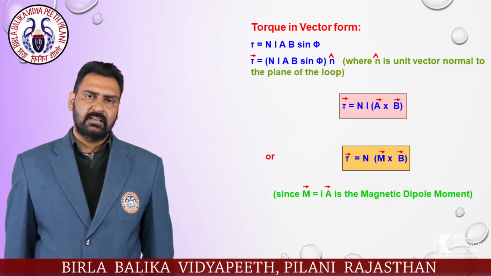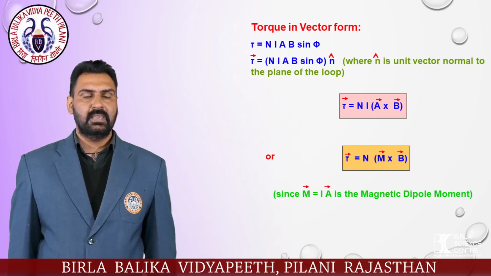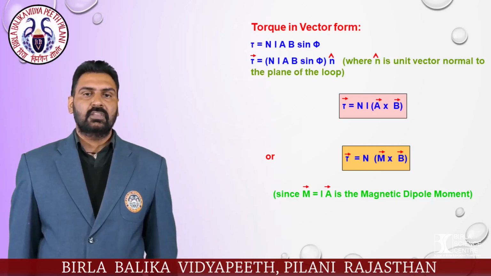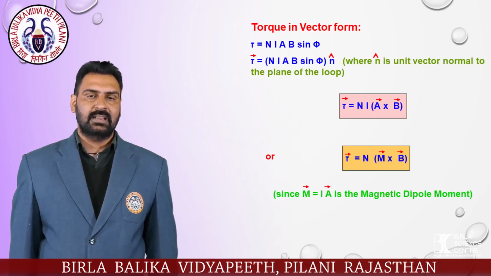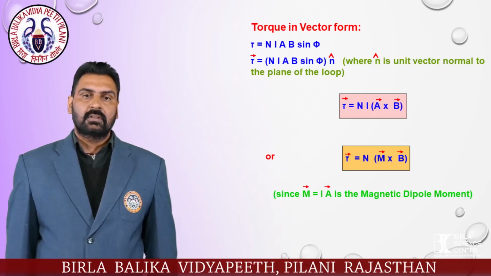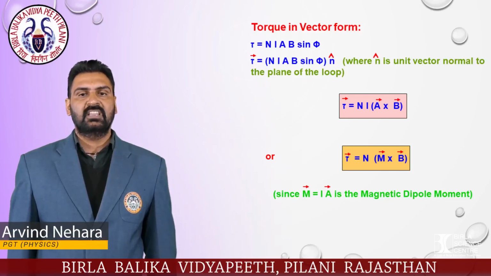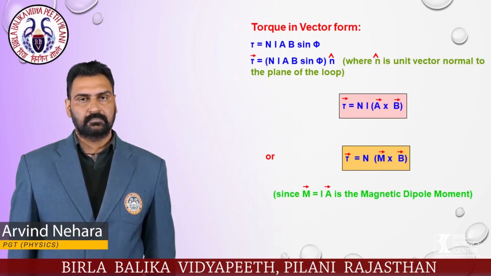If phi is 90 degree, then torque is maximum, that is Tmax is equal to BINA. The unit of magnetic field B is Tesla, and I is in ampere. So the above formula for torque can be used for any loop irrespective of its shape.